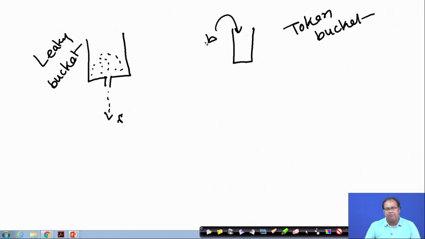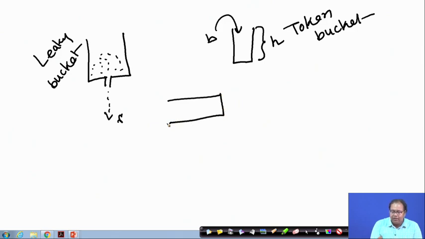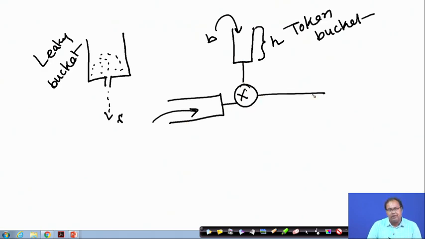I am just putting some arbitrary parameters. It has some size, say h, and you have a packet buffer where the incoming packets are kept waiting, and then this server multiplexes the token bucket and the leaky bucket altogether.